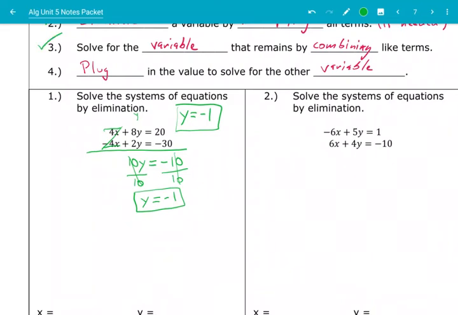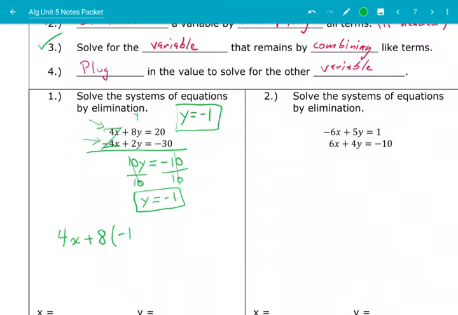Then I just plug in the value to solve for the other variable. Now that y is negative 1, I can choose either one of these equations and plug in minus 1 for y. I'm going to use the top one, x plus 8.